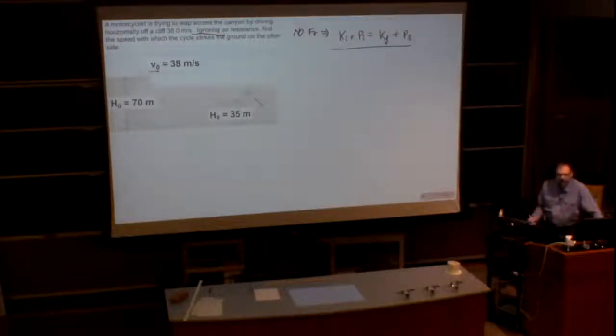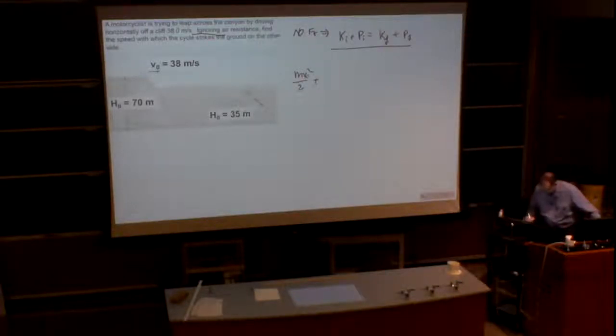Now I start just replacing each label with the actual expression it represents. Kinetic, mv initial squared over 2. Potential, well, in this situation, that's a gravitational potential energy.